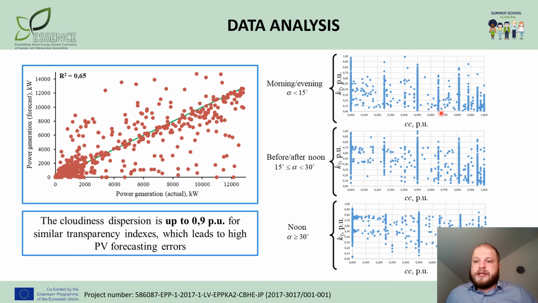The same goes for 0.5 cloudiness, where the transparency index ranges from 0 up to 0.85. What I'm trying to say is that similar and equal weather conditions from the point of view of cloudiness result in a great range of possible transparency indexes for this specific power plant under consideration.